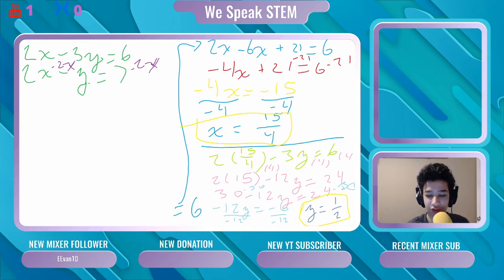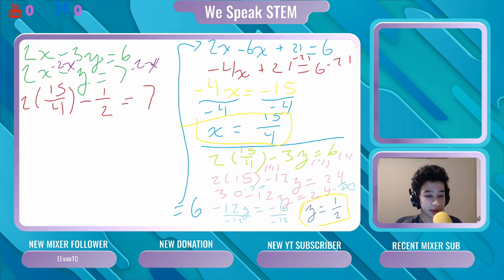So let's check. We can use the first equation to check because it has less multiplication. So it'll be a little simpler. So 2 times 15 over 4 minus 1/2 equals 7. So let's start by eliminating all our fractions. So the lowest common denominator here is going to be 4.